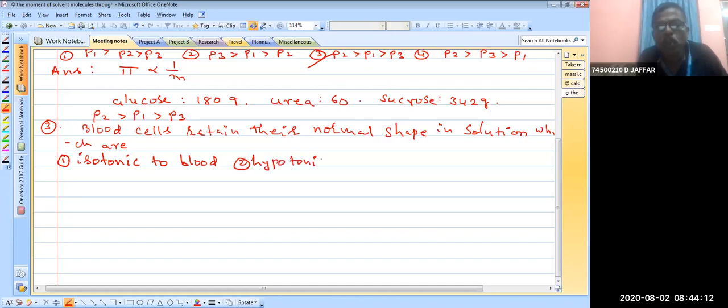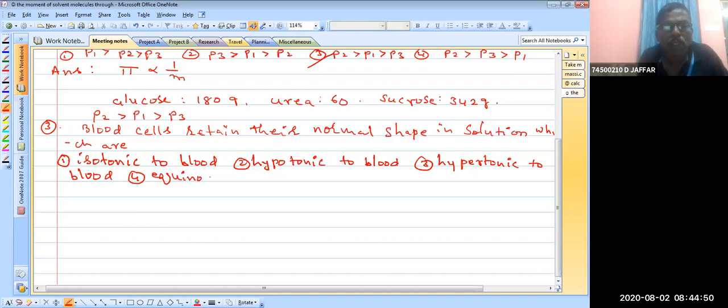Third option, hypertonic to blood. Next, equinormal to blood.